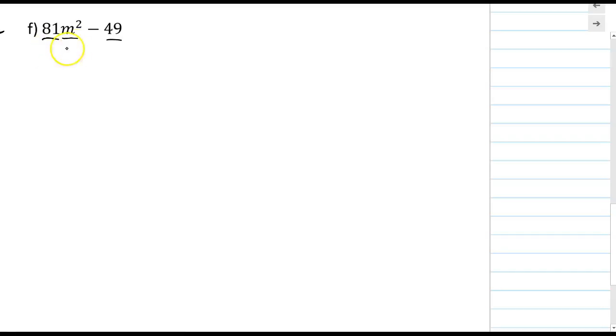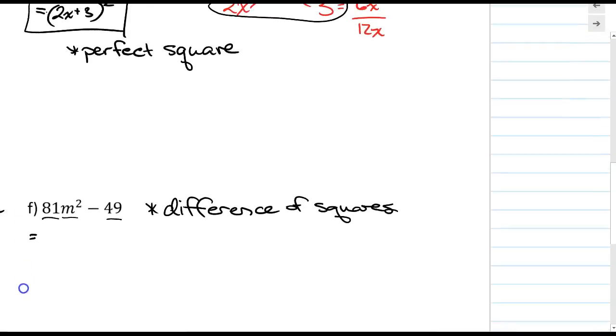But this is a special guy. It is called a difference of squares. And what happens when we have a difference of squares? It means it's going to look a lot like this one.